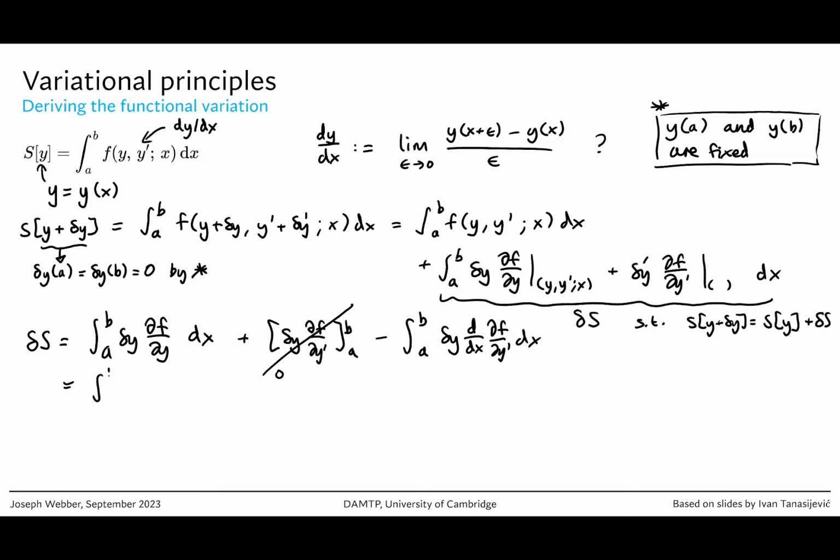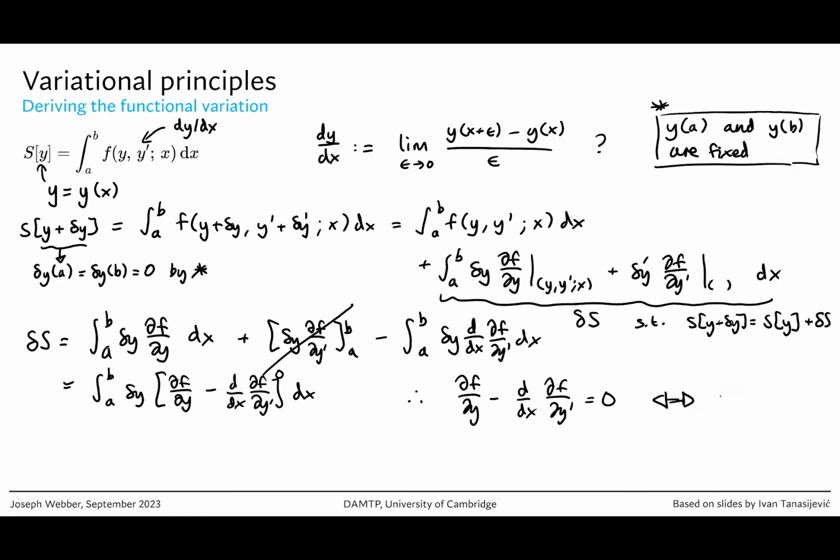So this is therefore equal to the integral from a to b of delta y times df by dy minus d by dx of df by dy prime, dx. So for arbitrary variations, therefore, we're left with the so-called Euler-Lagrange equation. df by dy minus d by dx of df by dy prime equals 0, which implies and is implied by delta S equals 0. So this here is the Euler-Lagrange equation.